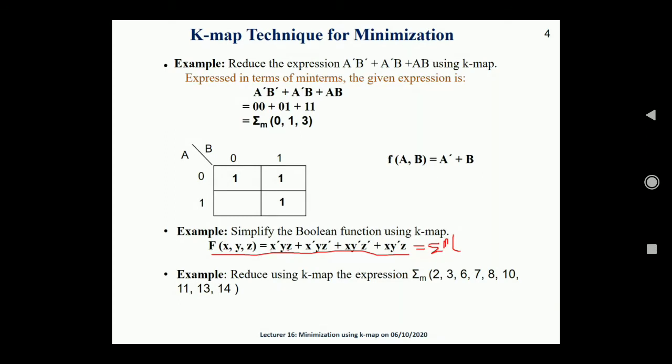This one is 0, 1, 0. 0, 1, 0 means 2 is present. Yes, sir. The first term is 0, 1, 1, which means 3.